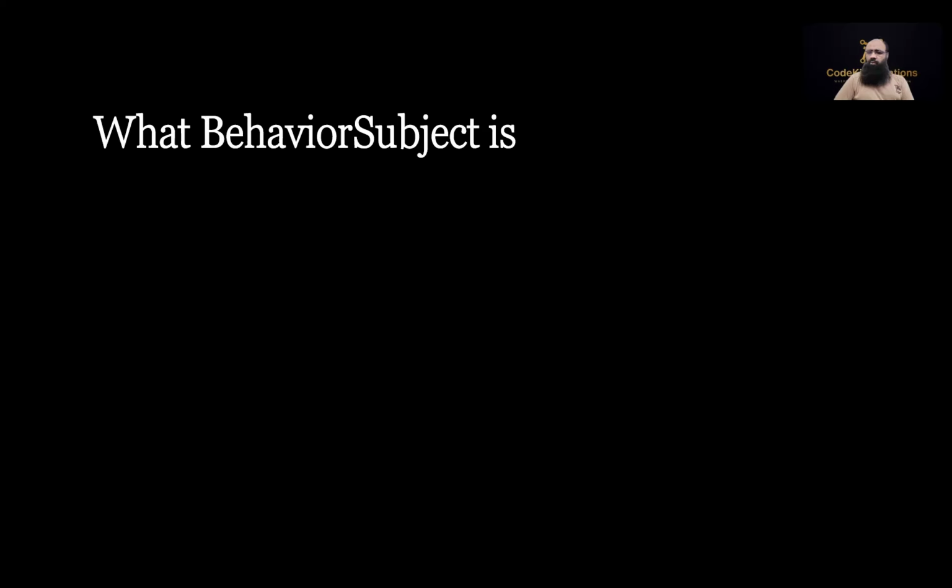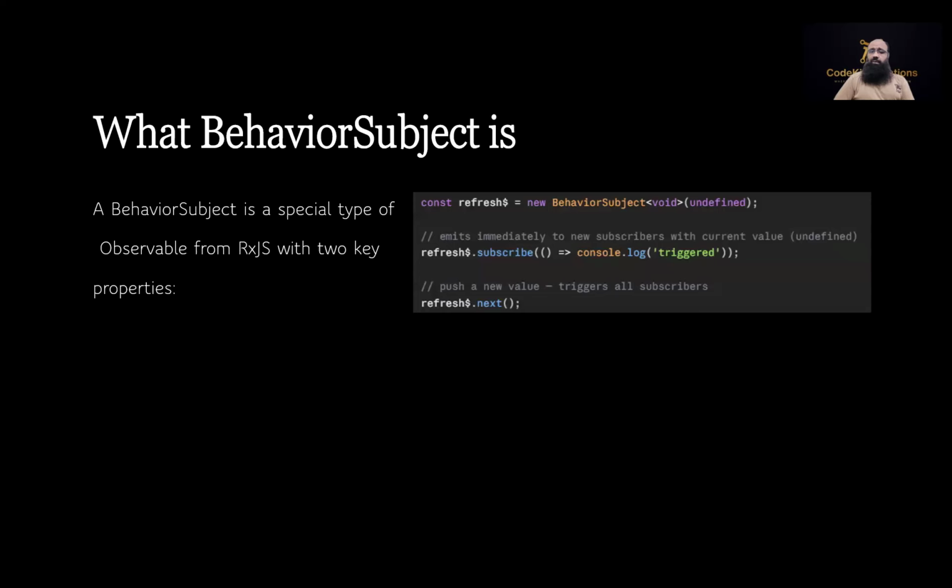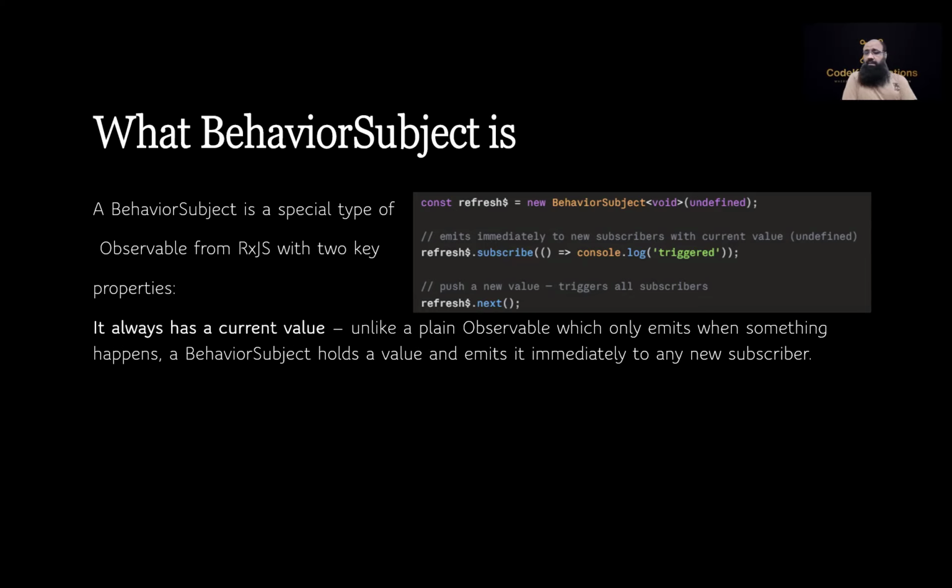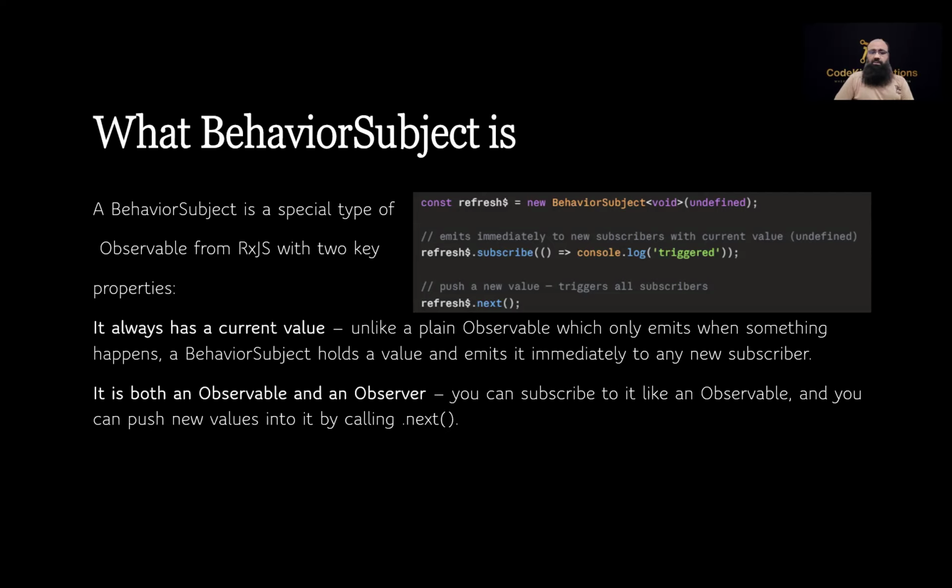So what is this BehaviorSubject? As I just mentioned, a BehaviorSubject is a special type of observable, which we already know RxJS provides. It has two key properties. It always has a current value, unlike a plain observable, which only emits when something happens. It holds a value and emits it immediately to any new subscriber.